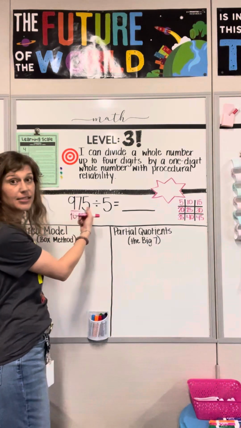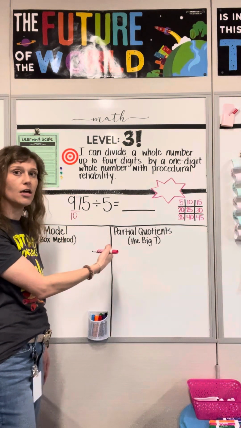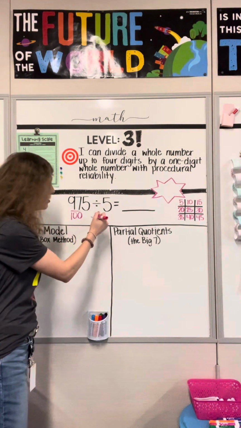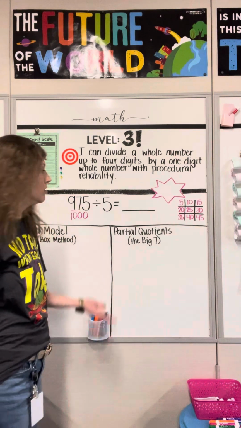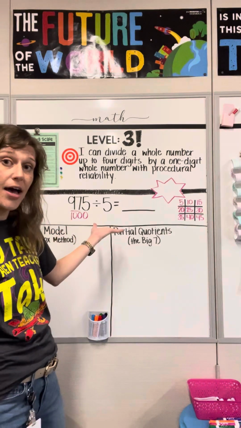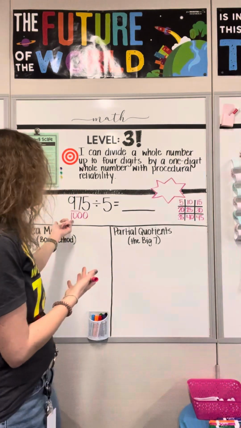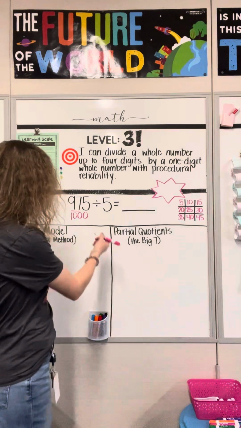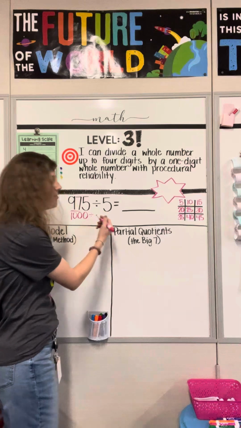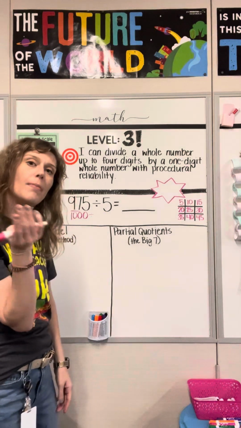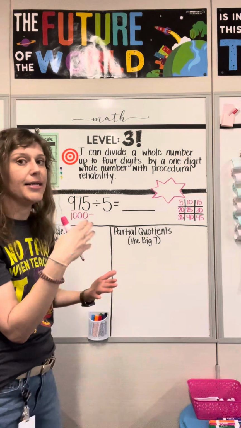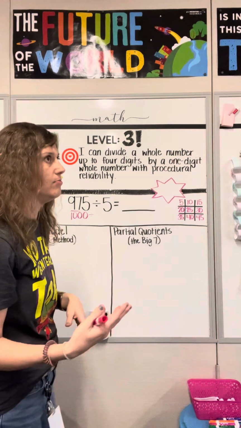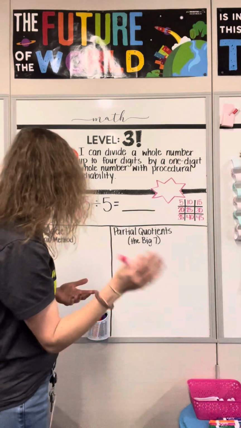And then that 9 is in the hundreds place, so that 10 also needs to be in the hundreds place. So we're going to replace the 7 with a 0, and then also replace that 5 with a 0. So instead of 975, we're going to think 1,000 divided by 5, so that we can have an estimate, and it's just easier to do that mental math of dividing by tens and hundreds and thousands, just like we used to multiply during that unit by tens, hundreds, and thousands.